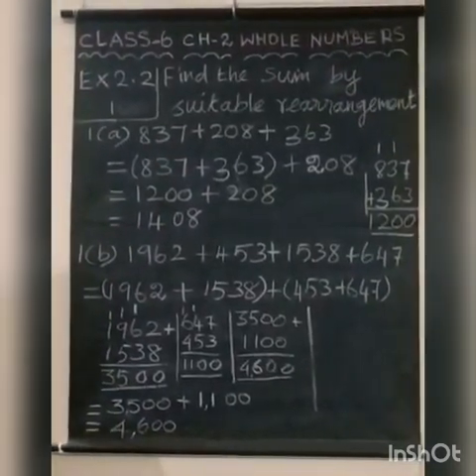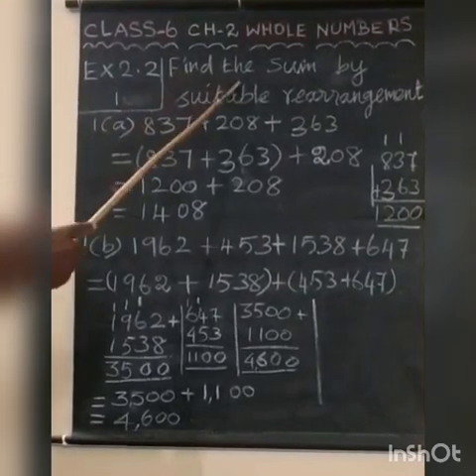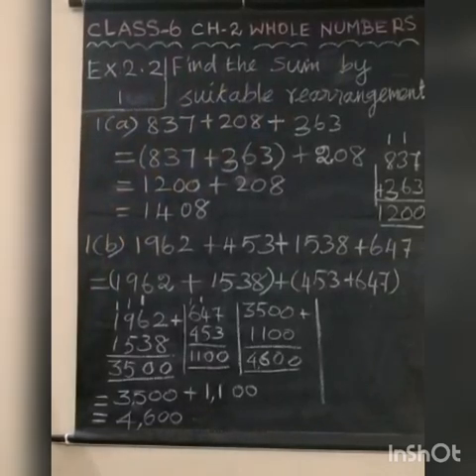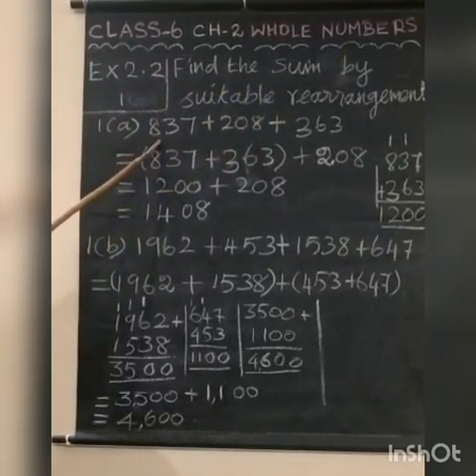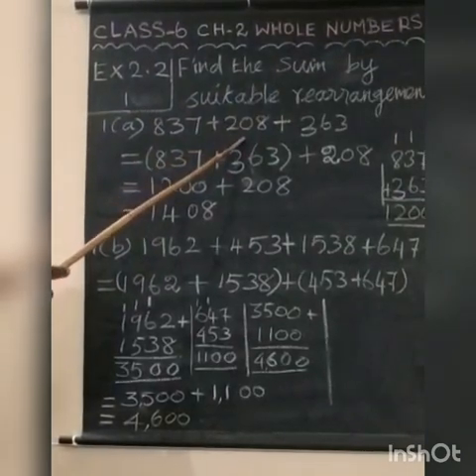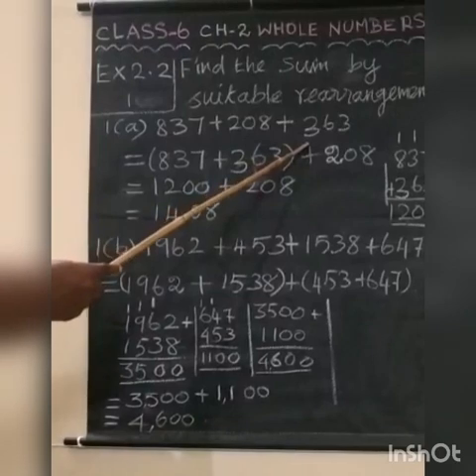Now let us go to the exercise problem. First sum: find the sum by suitable rearrangement. The given numbers are 837 plus 208 plus 363.